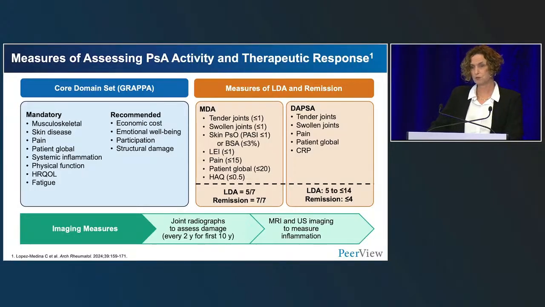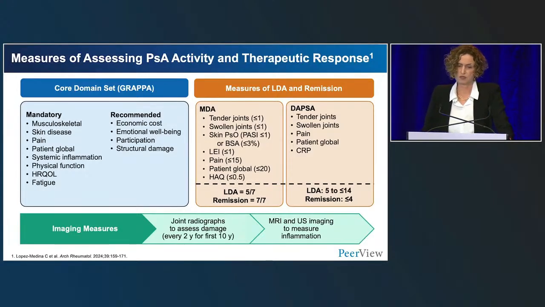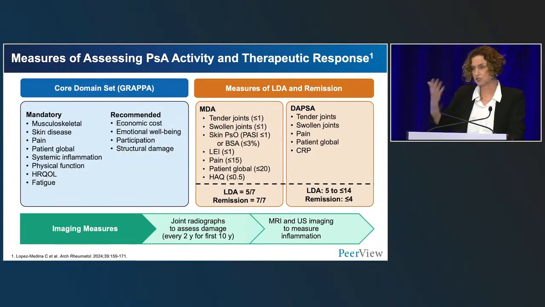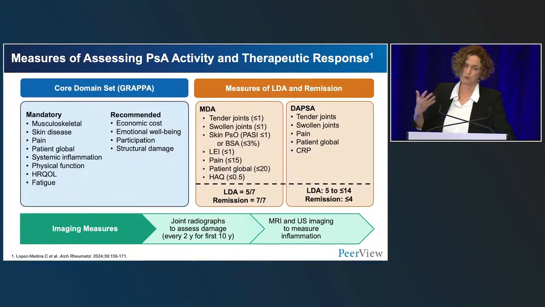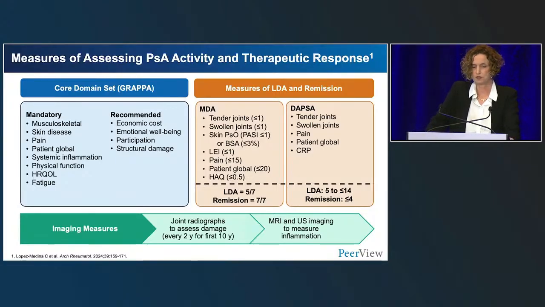So these are two composite outcome measures that could be used in clinic or in clinical trials, and we attempt to achieve these outcomes. So they can serve as a sort of checklist to evaluate whether patients are actually meeting target, and if they don't meet target, what are the domains that prevent patients from achieving these targets.